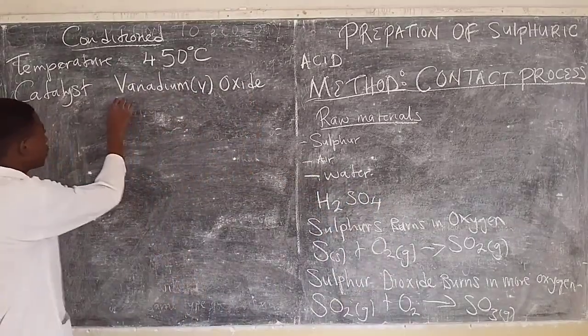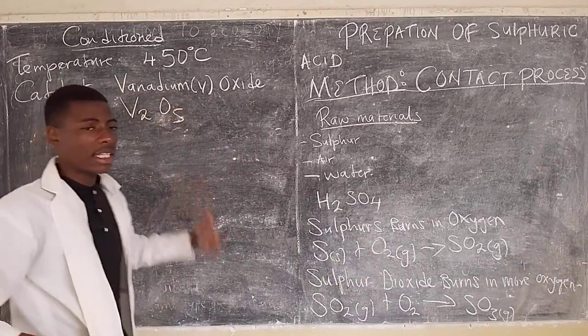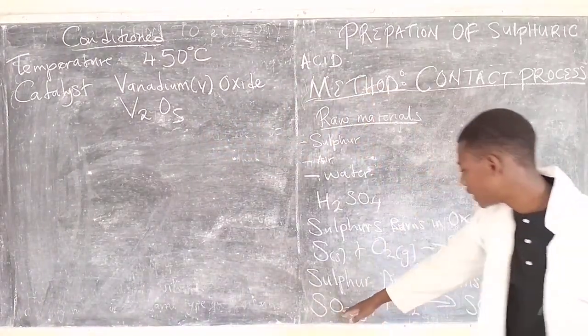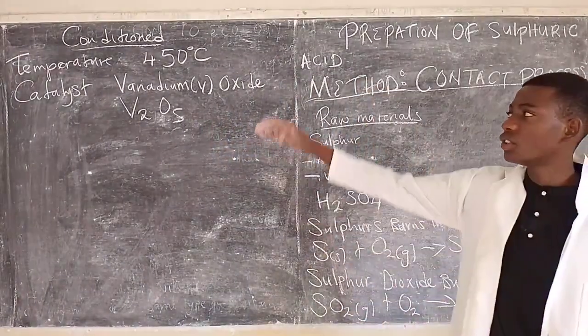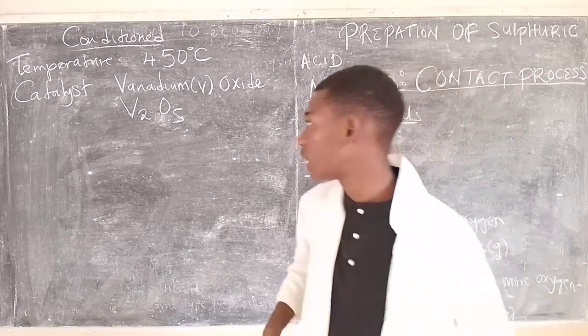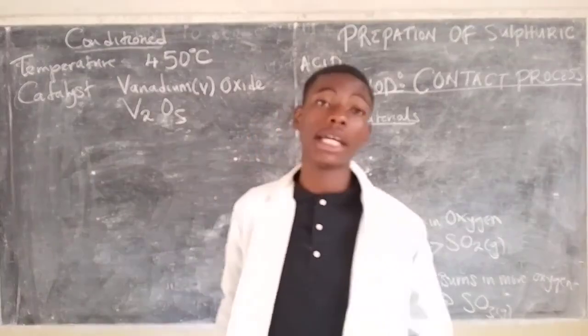The compound is V2O5. This is the catalyst used for the contact process. Remember, it is at this stage that it will be used: the temperature of 450 degrees Celsius, as well as the catalyst, vanadium 5 oxide.